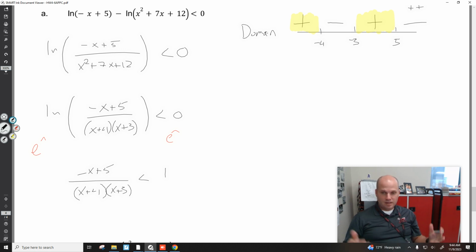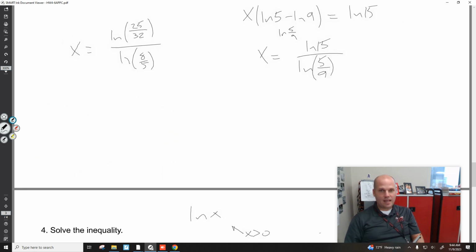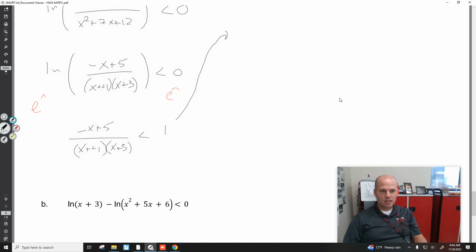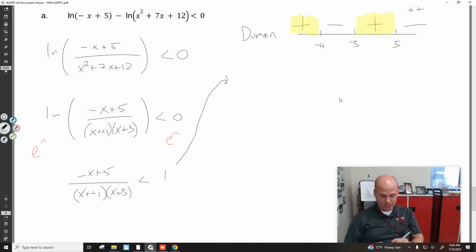Now, this is a rational inequality like we did last unit, where what we want to do is get everything onto one side and have an inequality less than 0.